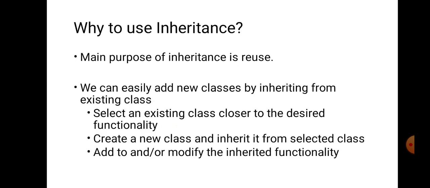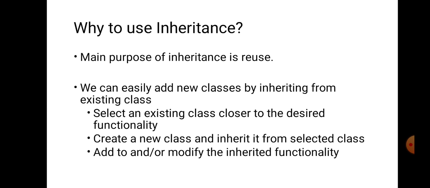Now let us see why we are using inheritance. As I said, we are reusing the class again and again and adding new functionalities to the new class. The problem of data redundancy is avoided. Data redundancy means duplication of code. If we write the code again and again, there will be duplicate code multiple times. So instead, we reuse the functionalities which are already present in an existing class, and we add to them in a new class.